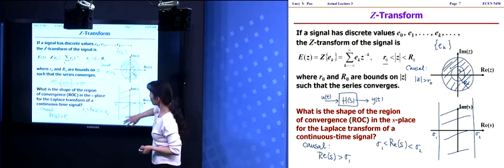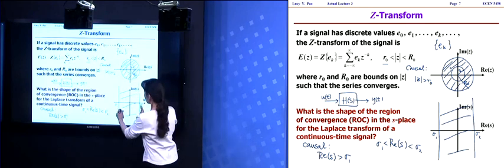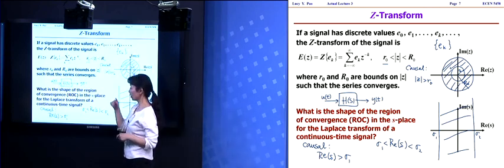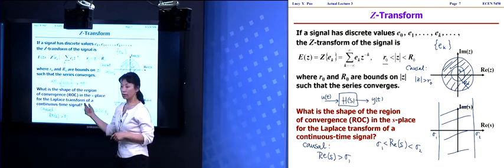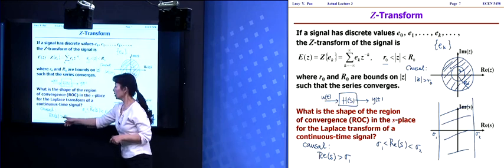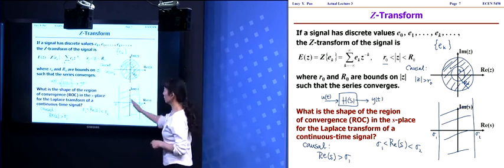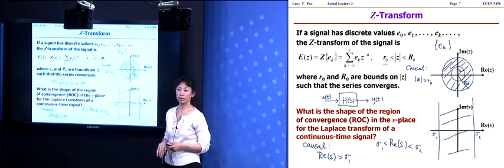And the shape of the region of convergence is generally a vertical strip. And if you have a causal time function, then the region of convergence will be everywhere to the right of some vertical line.